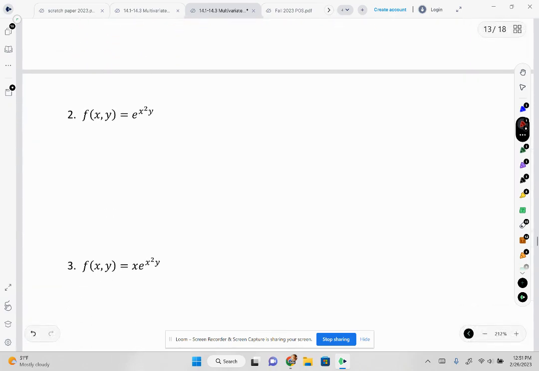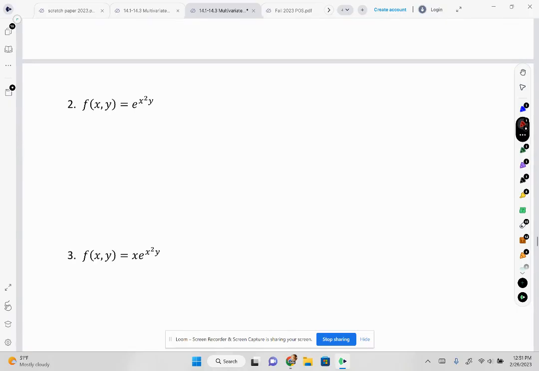Now let's see what happens when we introduce a few more items into this. So here we've got f of xy equals e raised to the x squared y. So now if I'm finding f sub x, I'm going to be taking del x of e to the x squared y. And I'm going to do it very carefully. So the derivative of an exponential is the exponential. And then there's a chain rule in there.